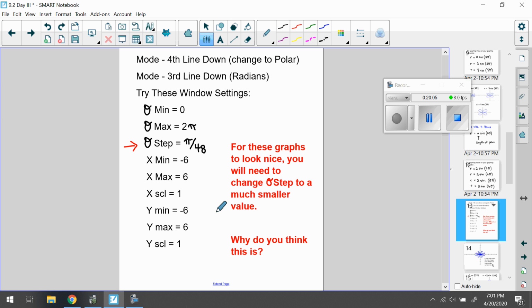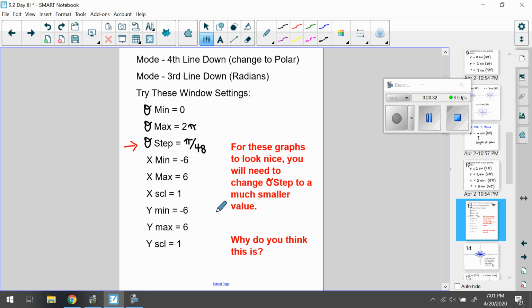I think the last lesson I had suggested you try pi over 12, and I think that worked okay for the last lesson, but we want to shrink that value. Probably pi over 24 would be fine, but I'd rather exaggerate it to make sure that our graphs look really nice, so change it to something like pi over 48.